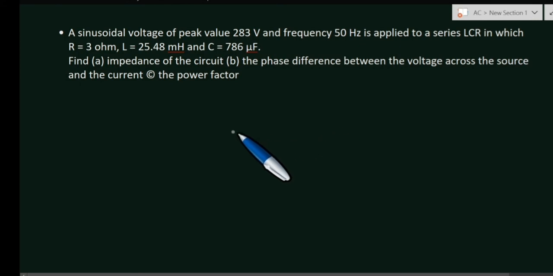A sinusoidal voltage of peak value 283 volt. So they have given here the peak value of AC that is 283 volt, and a frequency 50 Hertz is applied to a series LCR circuit in which R value, L value and C value is given. So let us draw the diagram first. So we have LCR circuit.